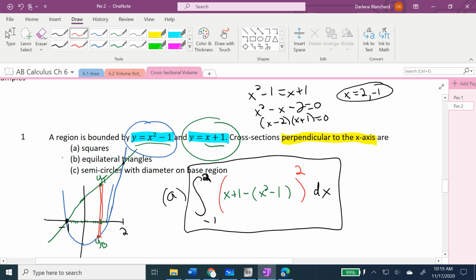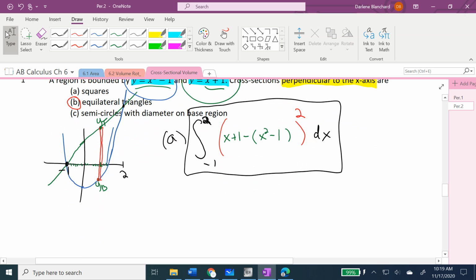Now, how different is part B going to be from part A? If you are doing equilateral triangles instead of squares, you are still perpendicular to the x-axis. You're still using this region. What is the area formula of an equilateral triangle based on the length of a side?